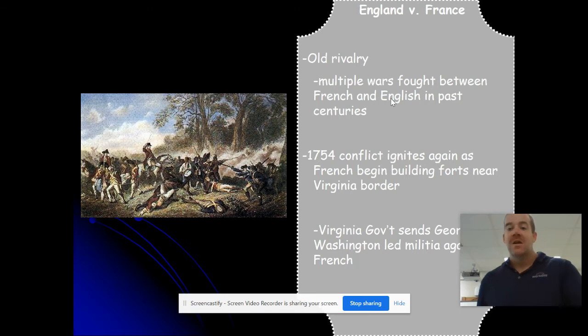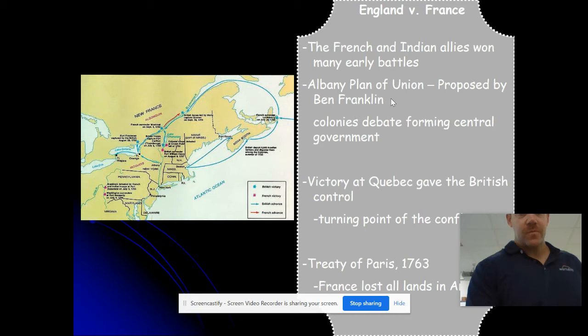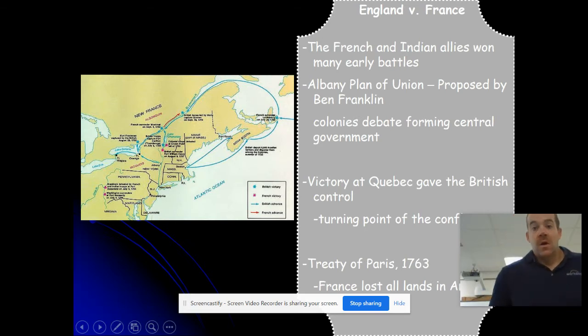The Virginia governor sends the militia led by our man G Dub, or George Washington, which is the more proper name. People always say G Dub, or at least my students say that. I'm trying to sound more in line with you guys, maybe get some cool points by calling him that. But no, it's George Washington. So he goes in to fight the French.